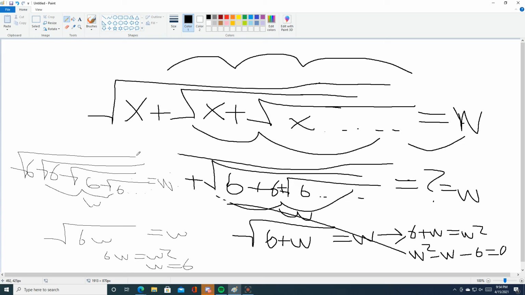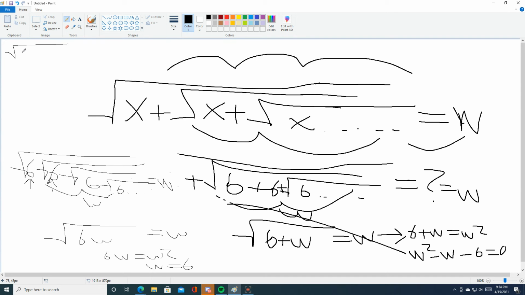So it's kind of a nice thing. For multiplicative infinite roots like this, it'll always be nice because this first number in here, this number that repeats, is always going to be the answer.